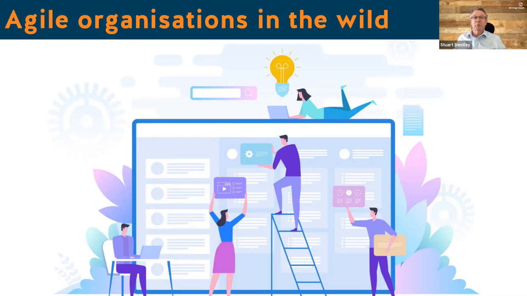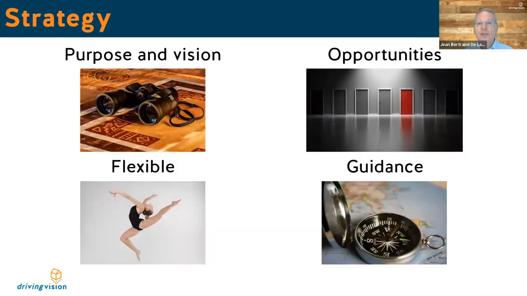Let's just see how to implement the 5 characteristics into your organization. First off, you'll need to rethink your strategy. You should make sure that the organization shares the purpose and vision, senses and seizes the opportunities, has a flexible way to allocate resources, and provides all stakeholders with actionable strategic guidance.